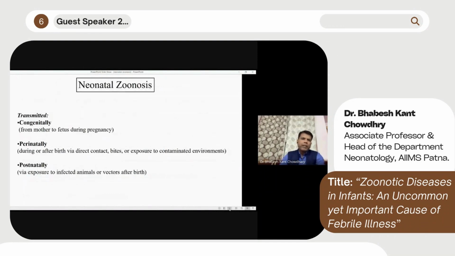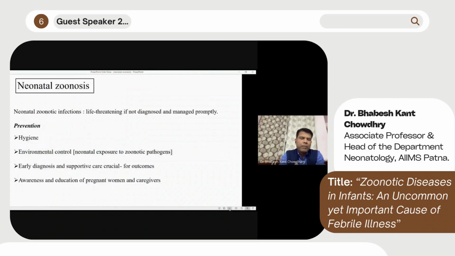So, coming to neonatal zoonosis, transmission may be congenital, perinatal, and postnatal. And for the prevention part, we have to maintain hygiene, especially environmental control. Early diagnosis and supportive care are very crucial for the outcome. As we see in the example, initially the baby was managed as neonatal sepsis, but did not improve with the unit protocol or antibiotics.